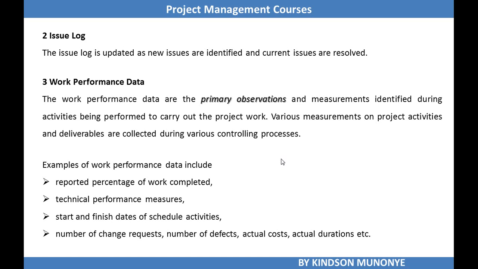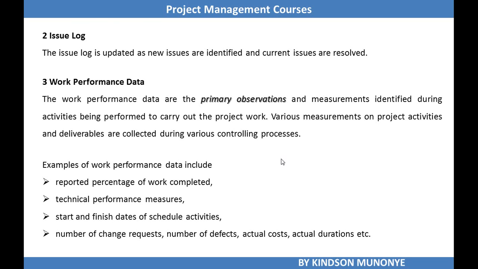Now we need work performance data also as an input. Remember, we need work performance data as input, and we have work performance information as output. Later on, I'm going to explain the difference between work performance data and work performance information. Work performance data are the primary observations.